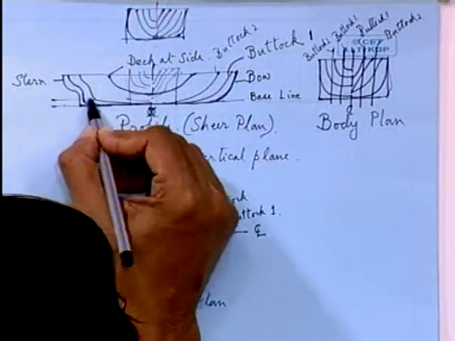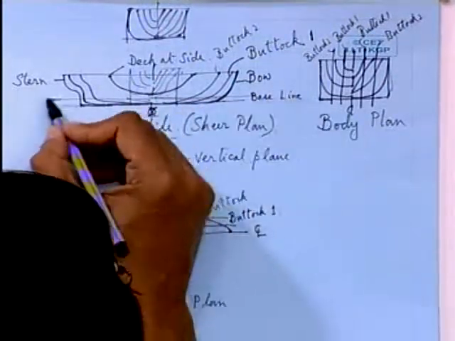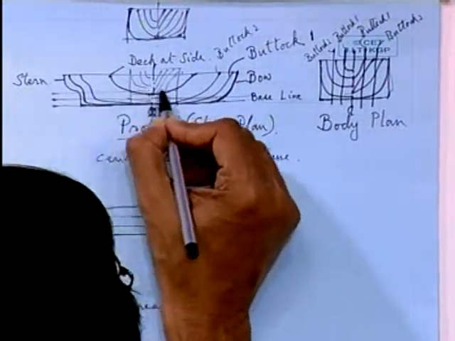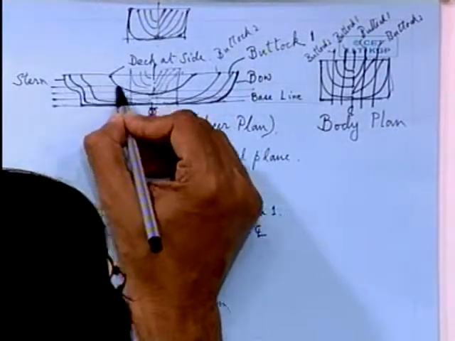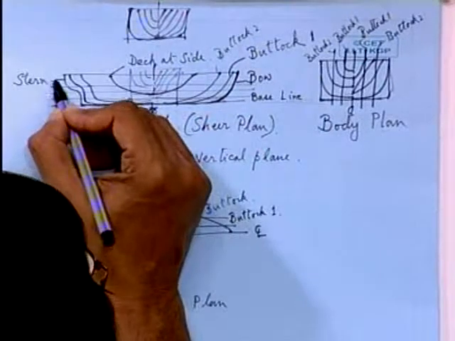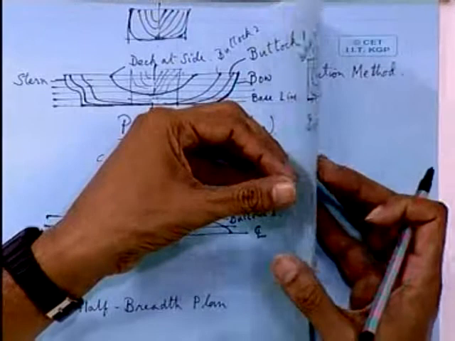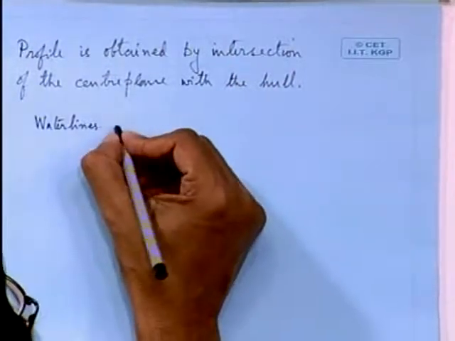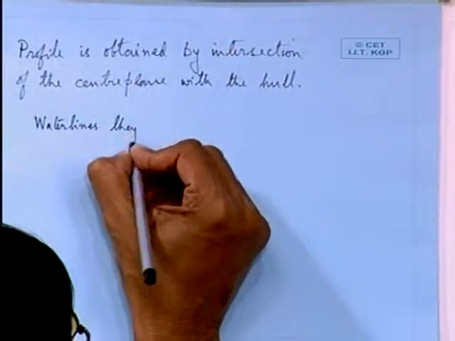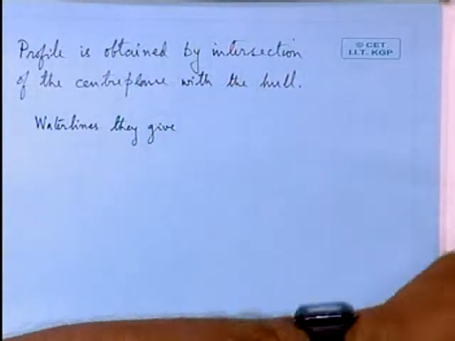So, you draw horizontal lines like this. Now, these water lines are positions of what are called water planes.